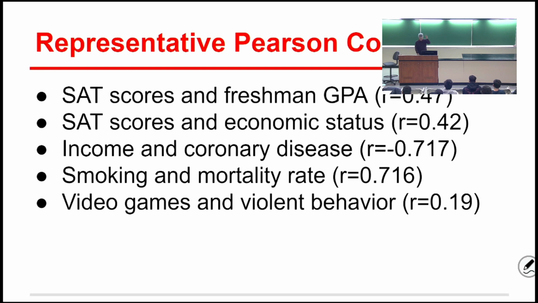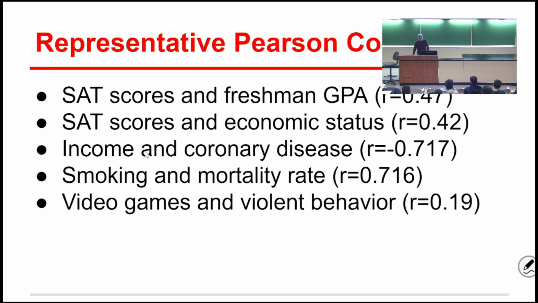Income is a number. I can kind of believe everyone here has an income. Does everybody have a coronary disease? How much coronary disease do you have? So what is it actually correlating to on the other side? I think this is by region: if you have every state or every county, there's an average income and there's a certain prevalence of how many people in it have coronary disease.